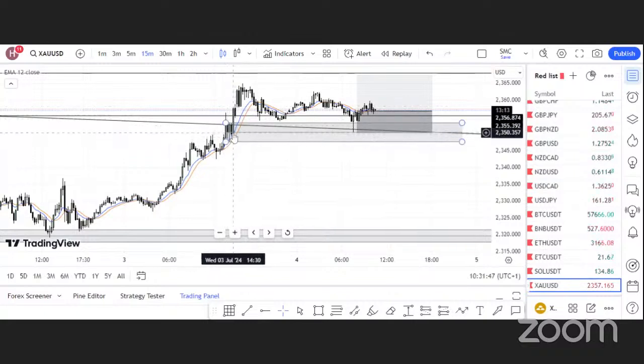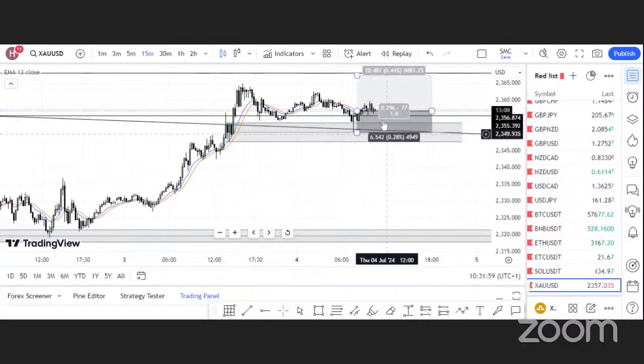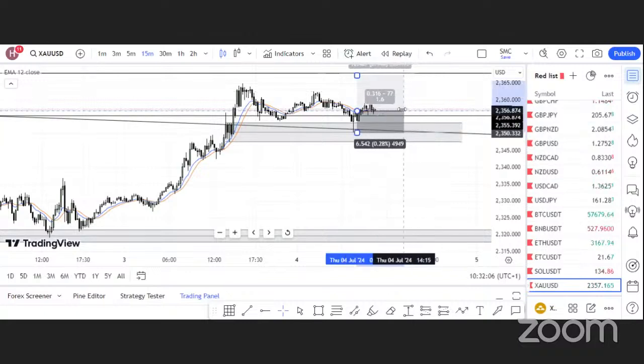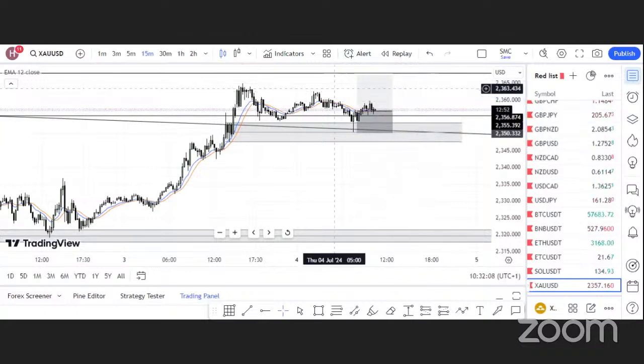So the market actually came back to retest this level, which is a valid support level. Okay. So even if this market is going to continue downwards, trust me, it's going to make some bearish moves. Okay. And we can actually take advantage of the bearish move that the market is going to make.